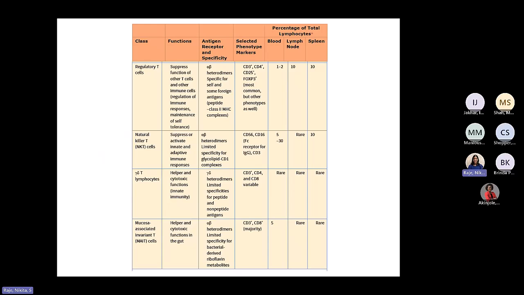Instead of alpha beta, their TCR has gamma delta, and they are CD3 positive, but CD4 and CD8 can be variable. There are cells called MAIT cells, or mucosa-associated invariant T cells. These are also alpha beta T cells, but again, like NK T cells, they have limited specificity, and these are mostly CD8 positive, CD3 positive cells.